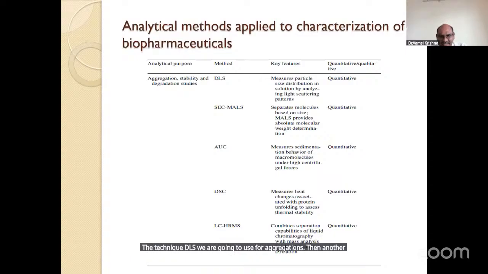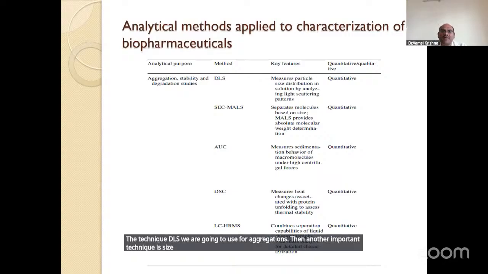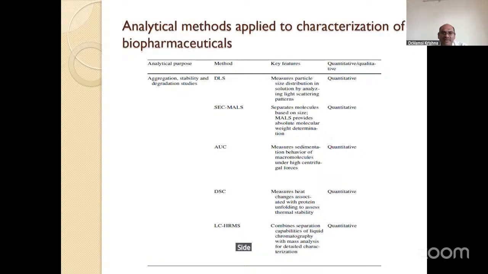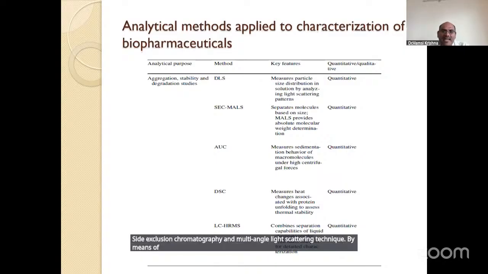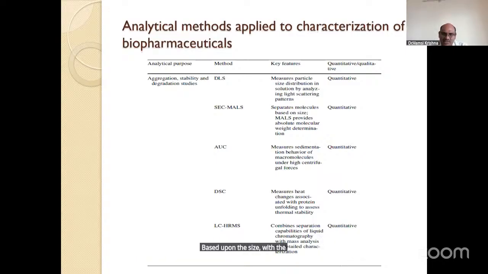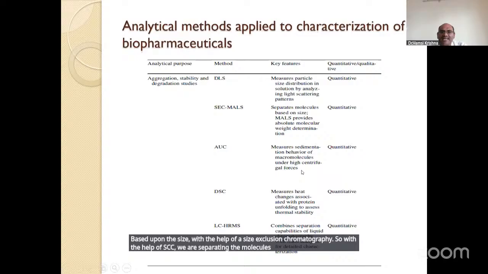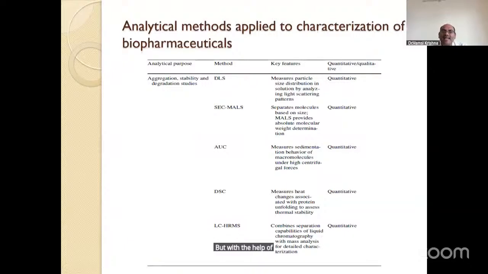Then another important technique is size exclusion chromatography with multi-angle light scattering, SEC-MALS. By means of this technique, we separate the molecules based upon size with the help of size exclusion chromatography, and then the multi-angle light scattering provides molecular weight.